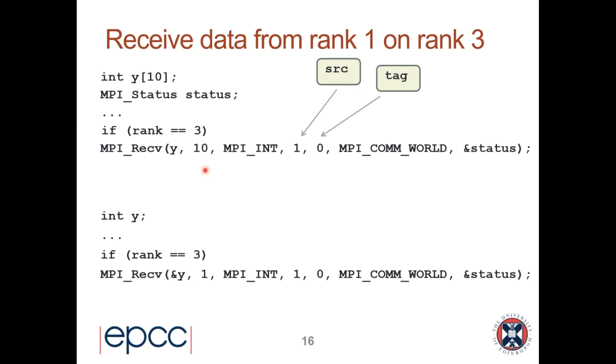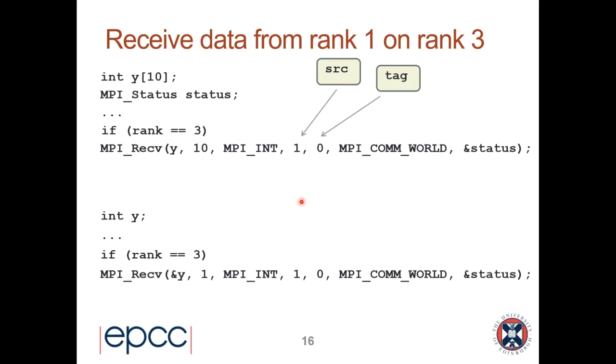So if the sender only sent 5, this receive would complete successfully, but clearly in the next line of the program, I know that I've only received 5, that only the first 5 are relevant. Absolutely, the status records that information. Yes, you could embed that in the tag. That's a good point, but MPI does it for you. You could embed it in the tag, absolutely, but you don't need to.